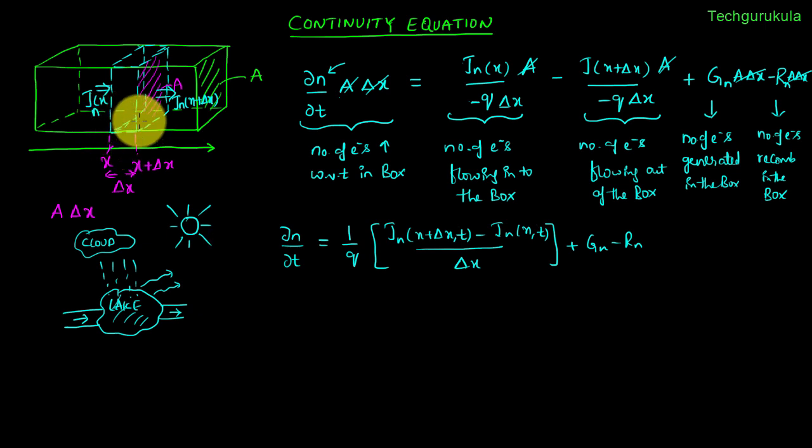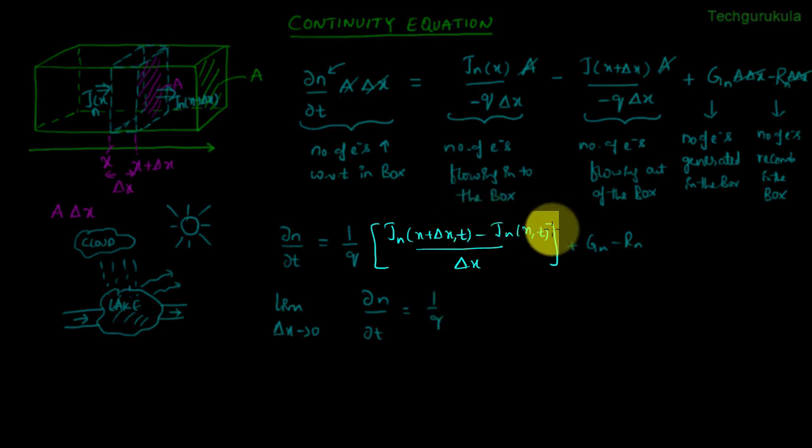Let me assume this is a small box where del x is tending to 0, so that we are talking about an infinitesimal box. So let me apply the limit del x tends to 0 on both sides, so that I can write del n over del t as 1 over q times... This looks like a standard differential equation definition, and that too a partial differentiation definition.